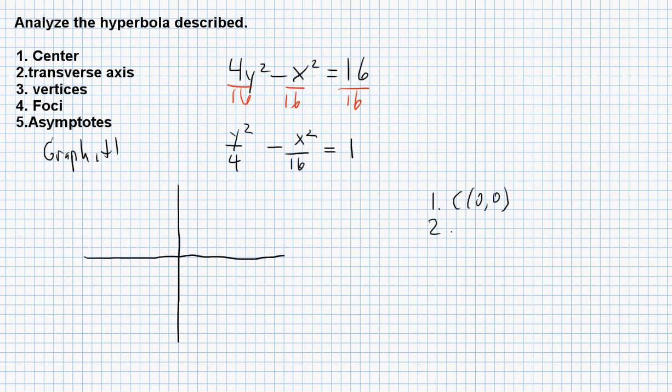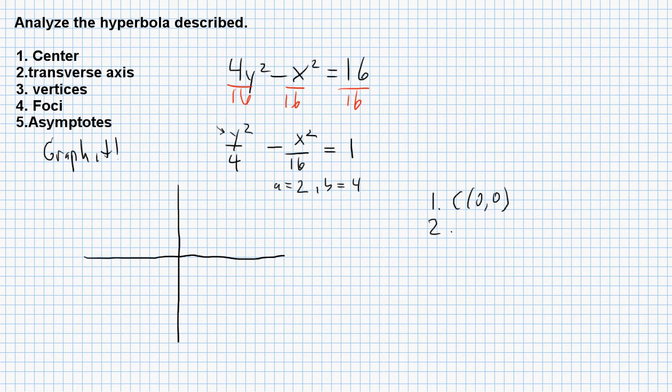Now number 2, we can start to plot the information. We can see here that a is equal to 2, because in a hyperbola equation, the a value is always first. And we can see that b is equal to 4, because b squared is 16. Now, in this hyperbola equation, the y squared is first. That means it has to be a vertically oriented hyperbola.